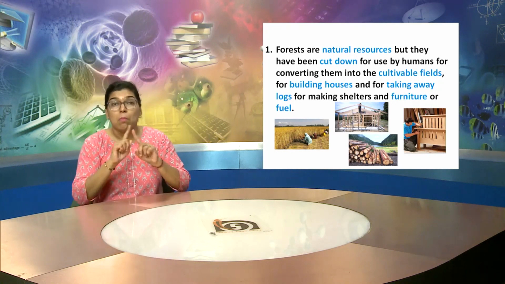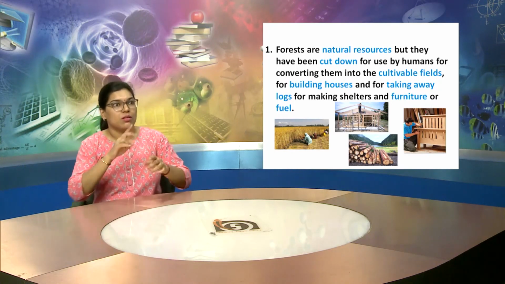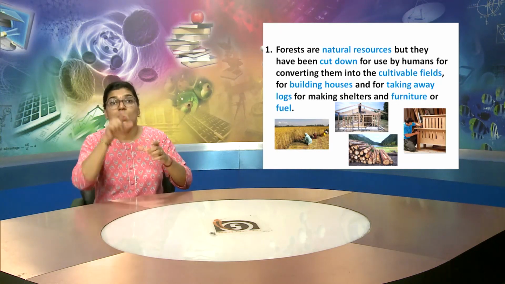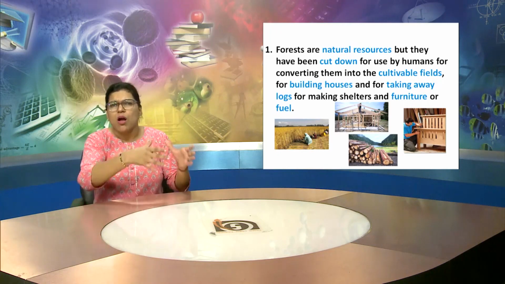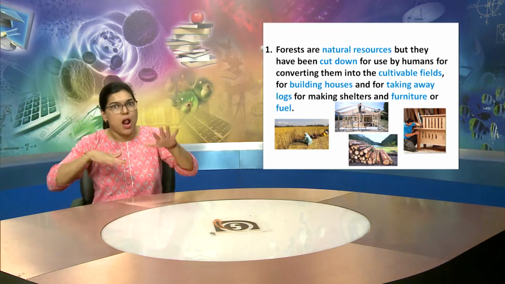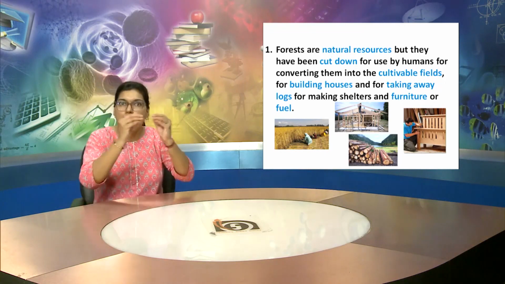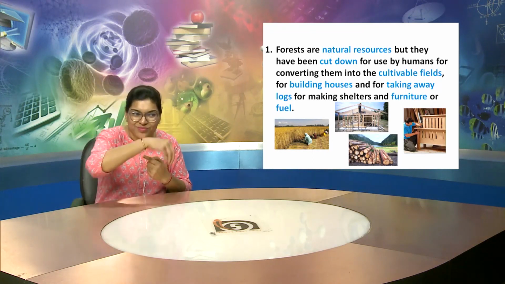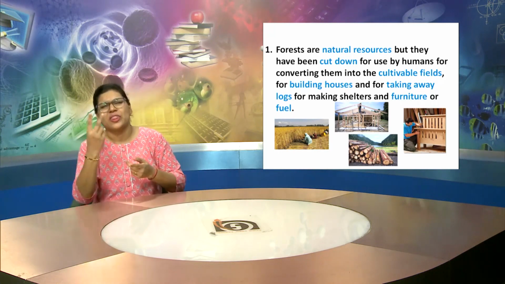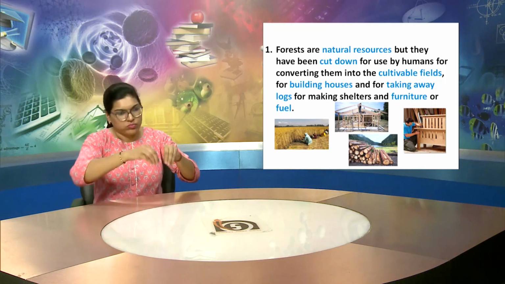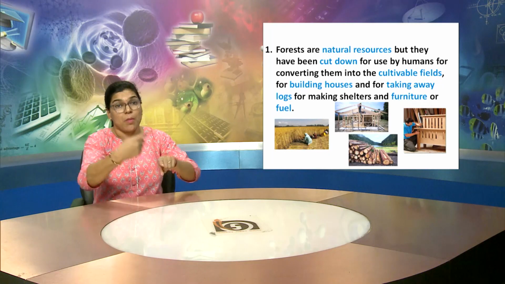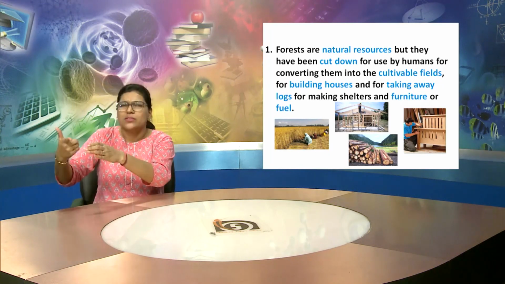It explains that forests are natural resources, but they have been cut down for use by humans for converting them into cultivable fields, for building houses and for taking away logs, for making shelters and furniture or fuel.